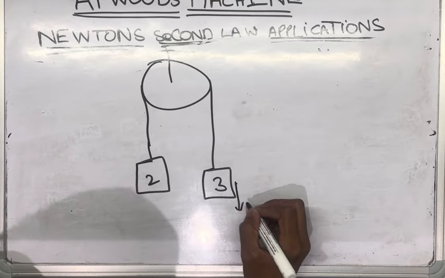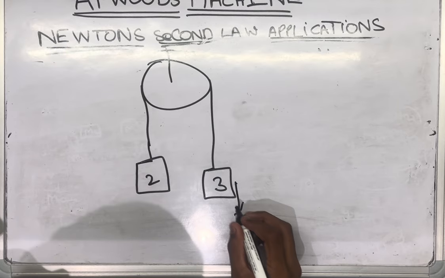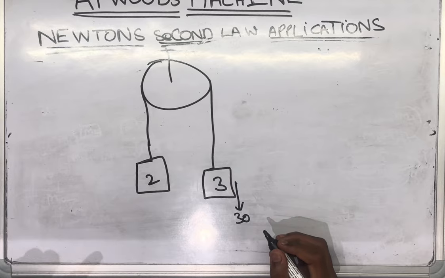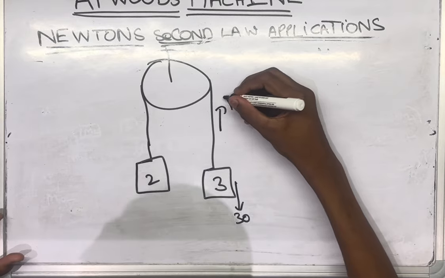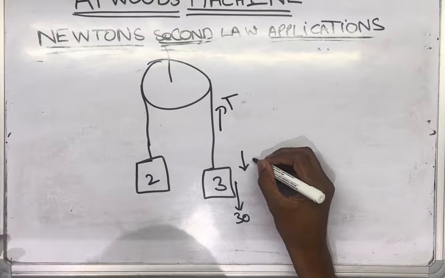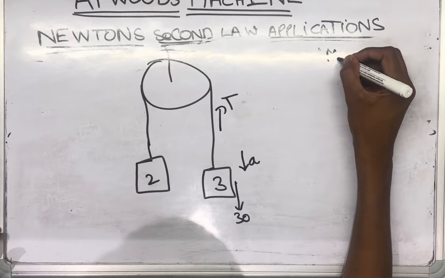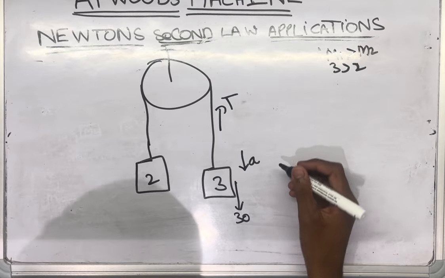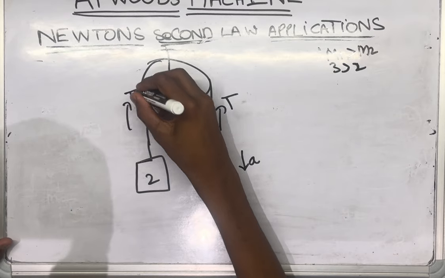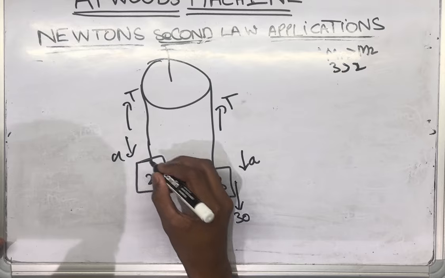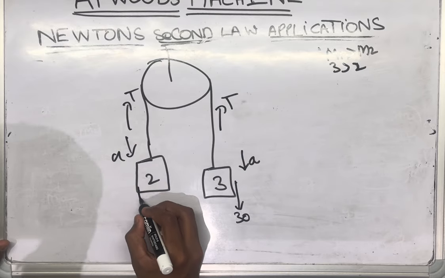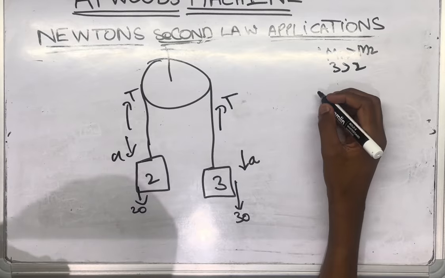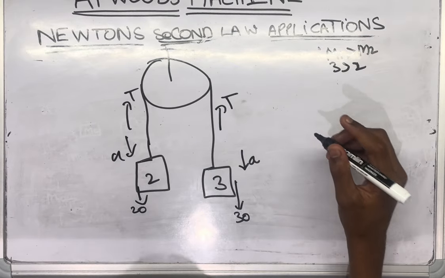This is acting downwards and M1g is equal to 30 because 3 into 10 is equal to 30. M1 is equal to 3 and g is equal to 10. Tension is acting upwards, which we don't know yet, and acceleration is acting downwards because M1 is greater than M2 and 3 is greater than 2. And 2 is acting downwards, which is 20. Now let's check if the formulas are working or not.